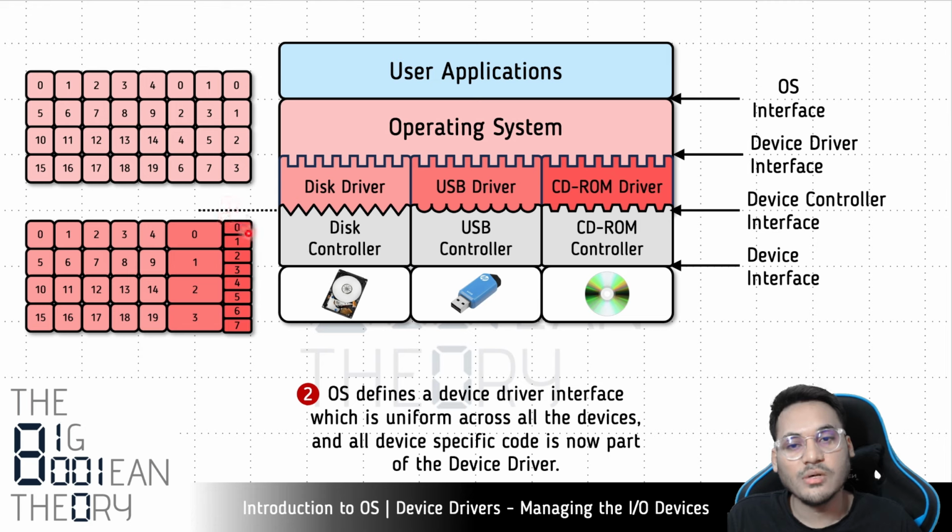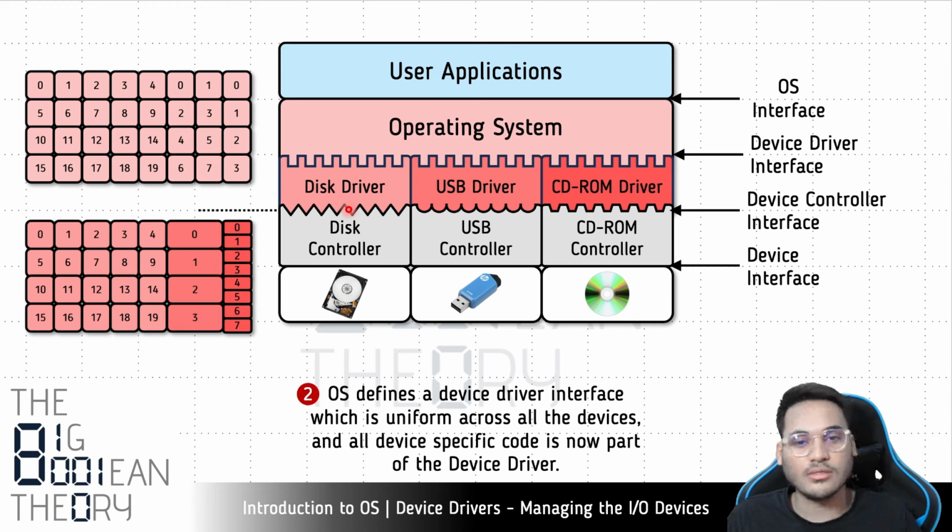Let us now talk about how the device driver bridges the gap between the device specific interface and the device neutral interface. The operating system will give commands at the uniform interface level, and it will be very device neutral. Now it's the responsibility of the device driver to convert those commands into device specific commands.